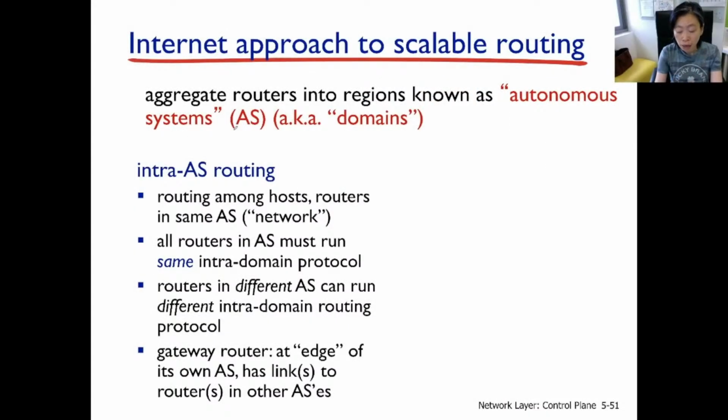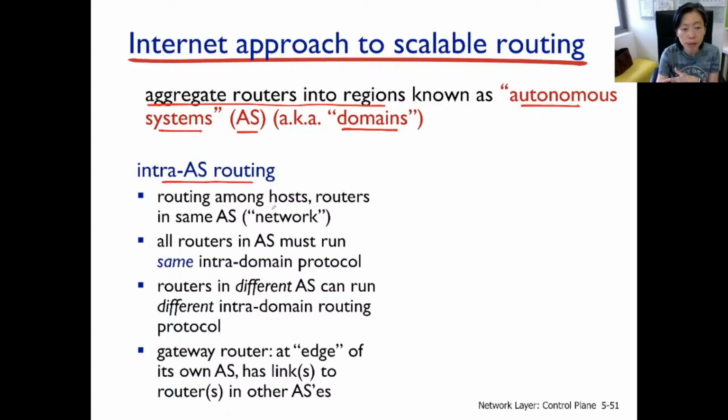Once again, on the internet, we aggregate the routers in a region and call it an autonomous system, an AS, or sometimes a domain. So the internet is a network of ASs, a network of domains. The routing protocol within the AS, which the network admin configures on all the routers, is called intra-AS routing.